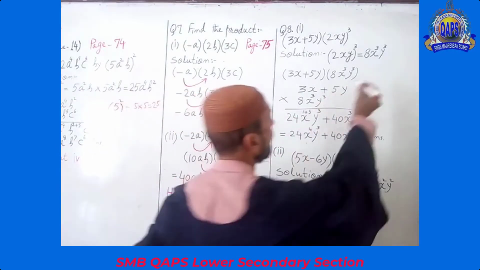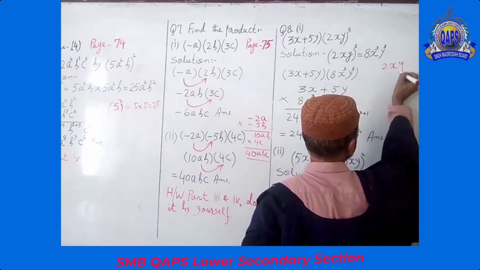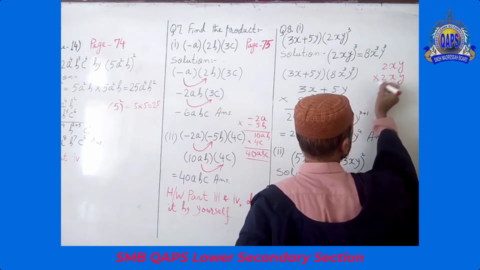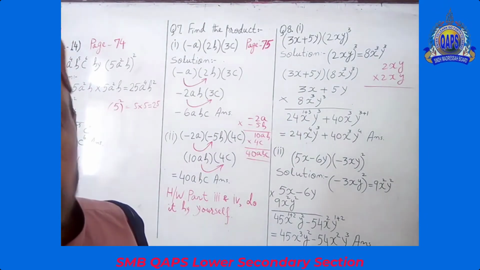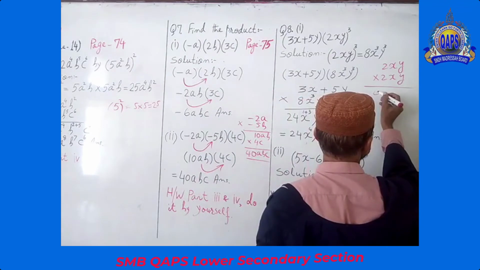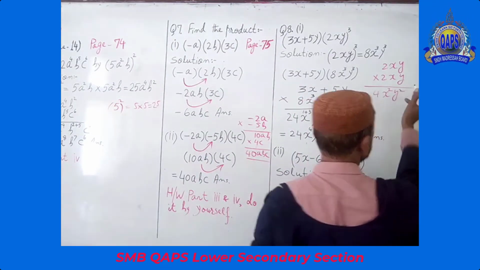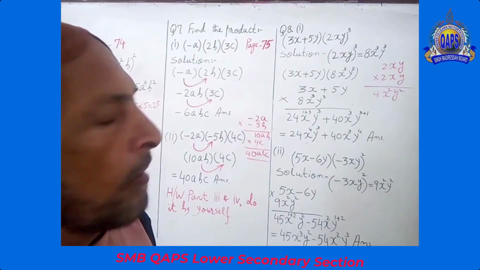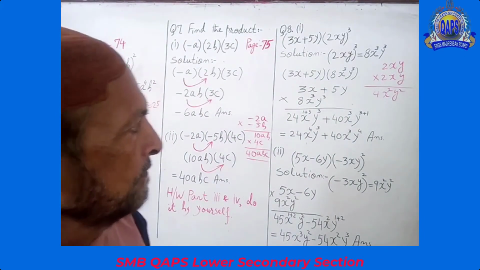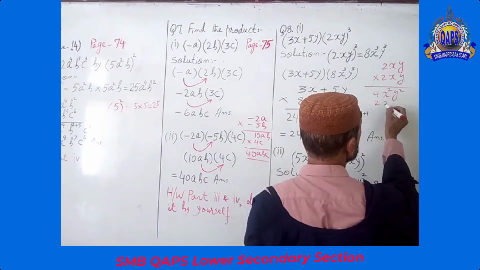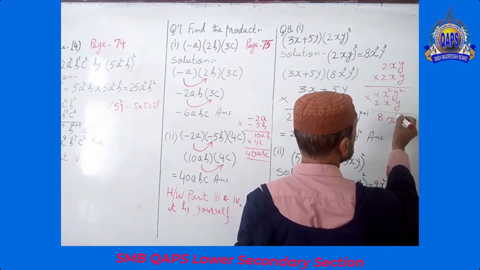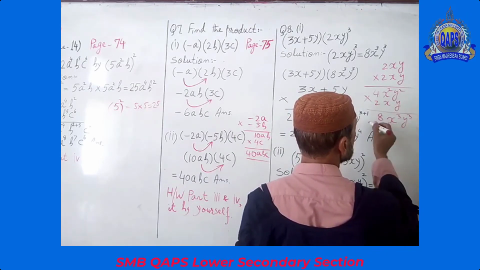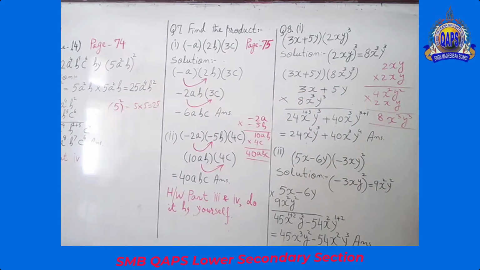You see, first of all, 2xy into 2xy, it will be a square. Now, multiply it one more time by 2xy. X cube, y cube.